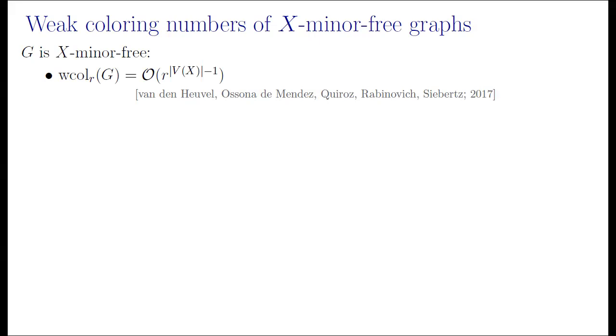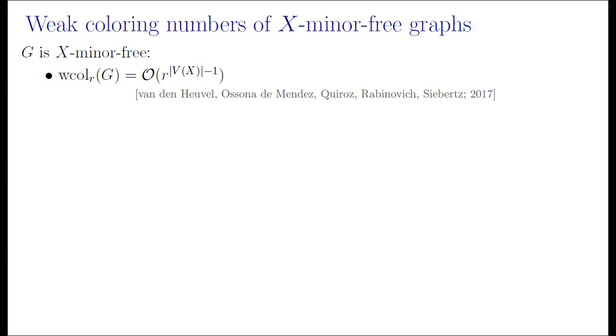And actually, there is quite a nice expression. What is the exponent of r? It's polynomial, very nice. Okay, but now maybe we want something more. Maybe we want a better bound depending on the structure of X. The list of results that I will present to you in a moment is going in this direction.